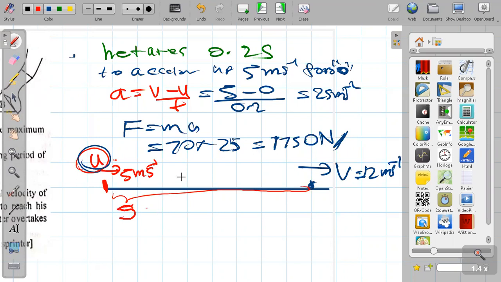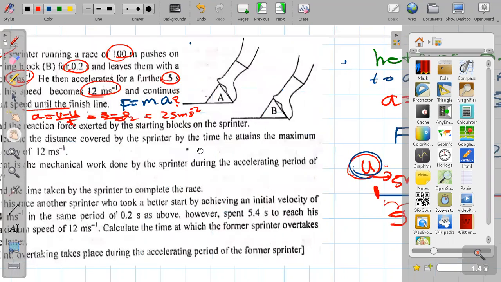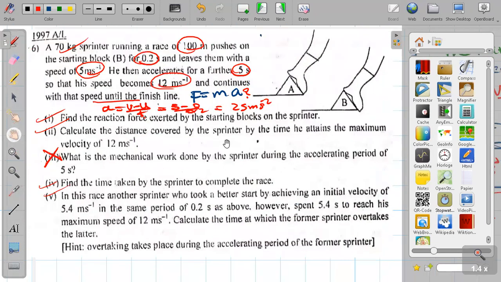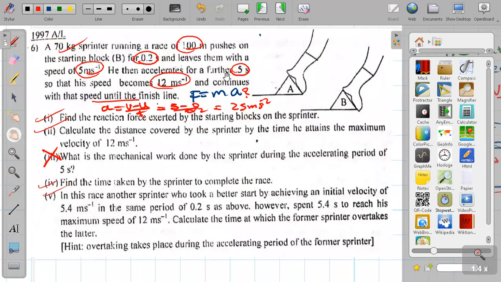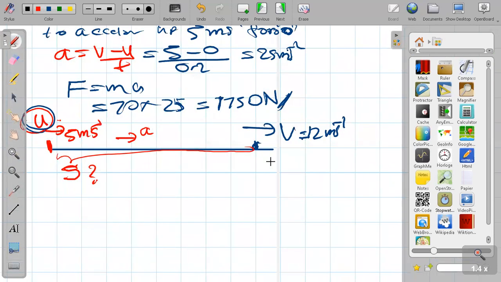You have no idea about the acceleration even. But it says the next 5 seconds, so you know the time. One thing you know is time. Time is 5 seconds.